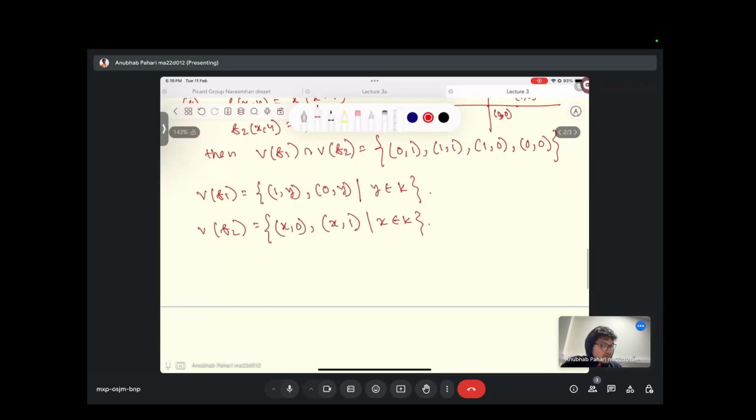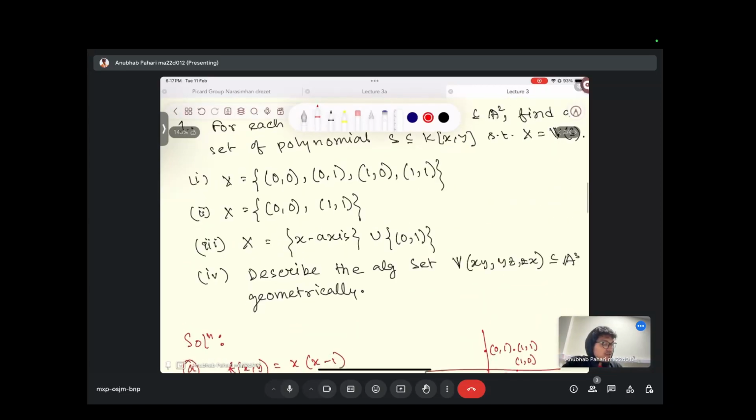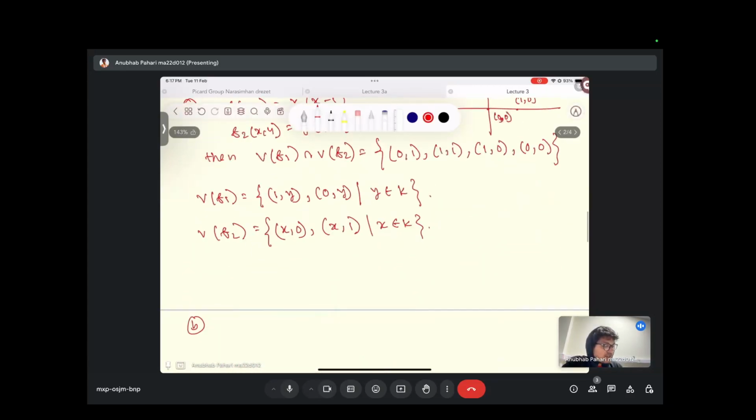Now the second one, where X is (0, 0) and (1, 1).